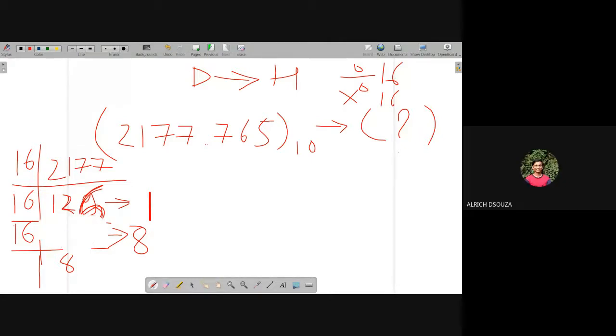Okay. So 136, quotient is 8, and what is the remainder then now? 8. तो रिमाइंडर 8 ही है. ठीक है, ओके. रिमाइंडर इज 8.